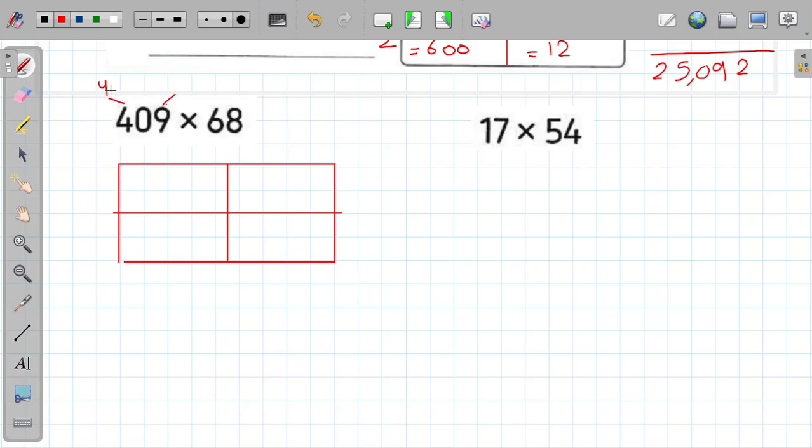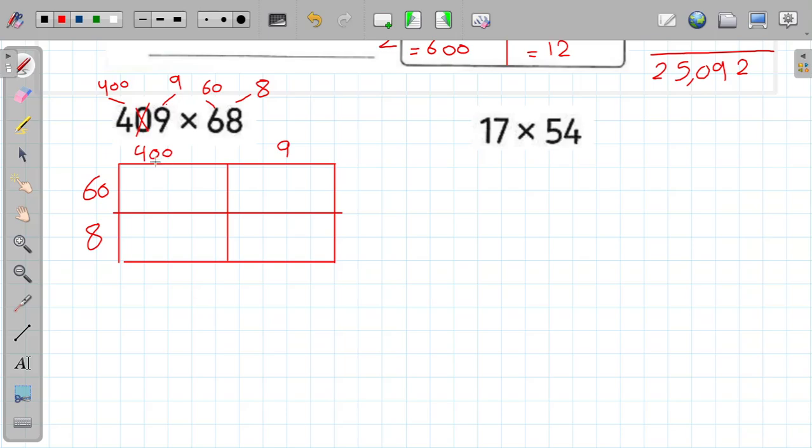I have here 409, and here I have 60 and 8. So I cut the rectangle model into 4 parts because I have 4 digits, because 0 does not matter to me.